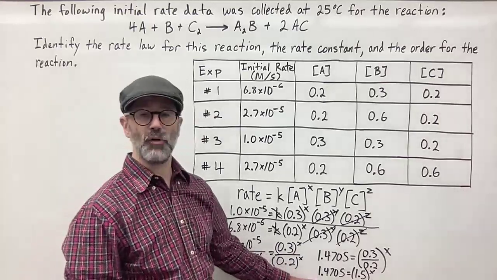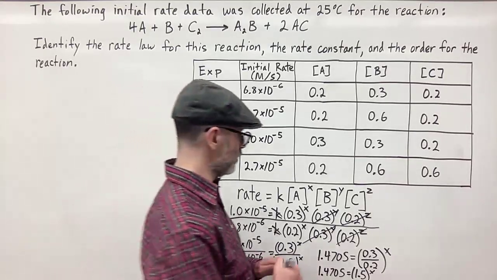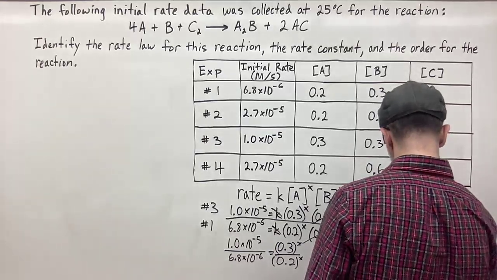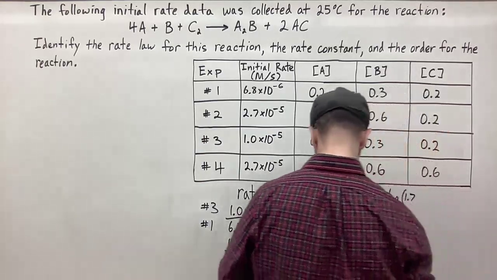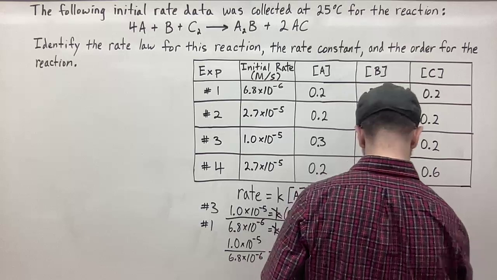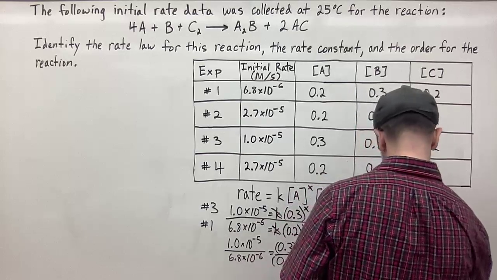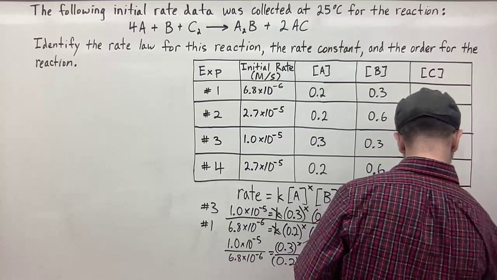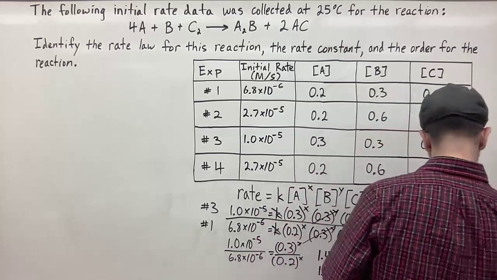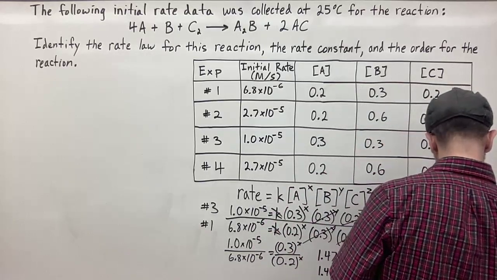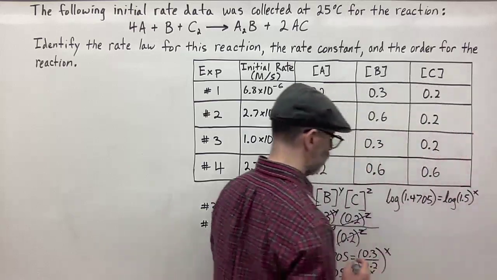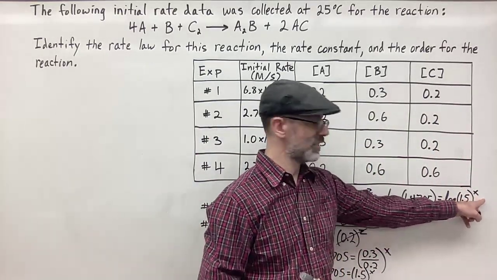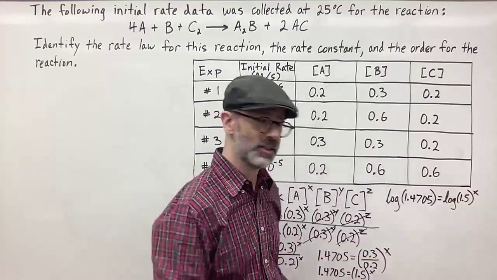So now I can solve for x by taking the log of both sides. The log of 1.4705 is equal to the log of 1.5 to the power of x. Now, since I have log of something to the power of x, I can bring the exponent to the front.